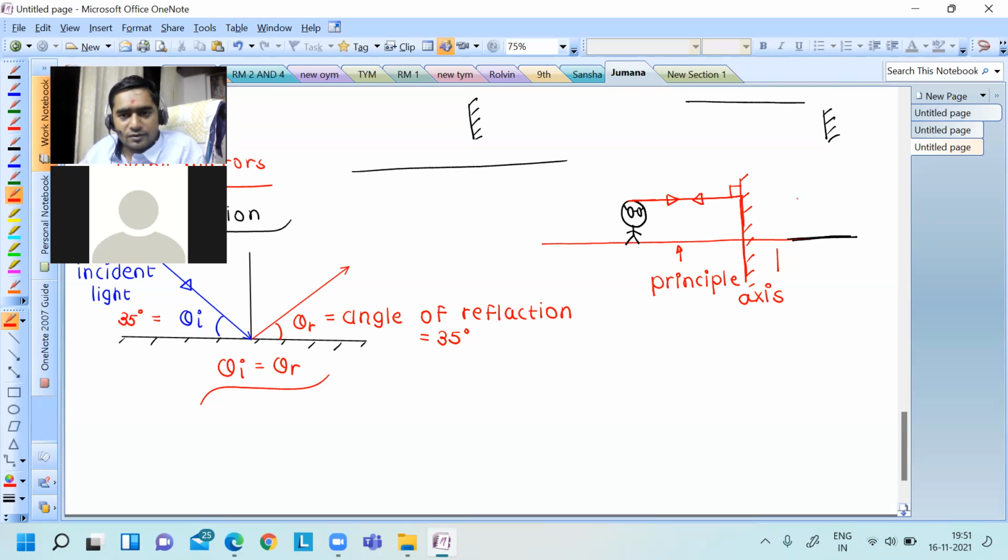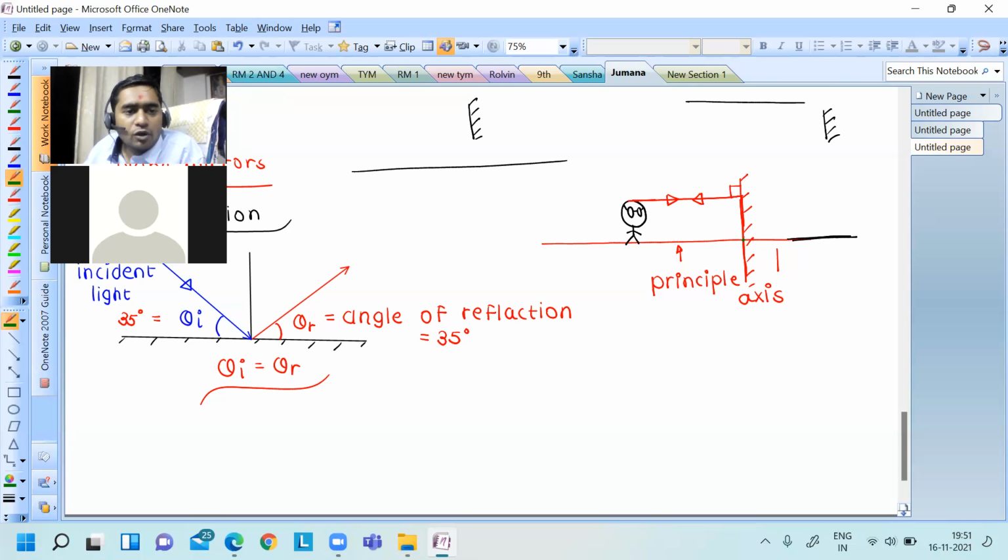Same path, but the proper word is retrace.